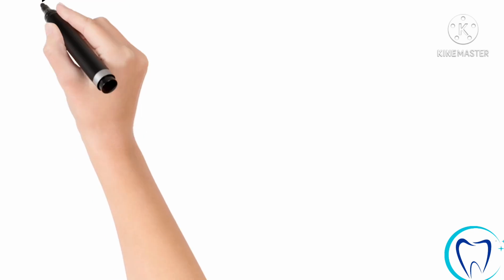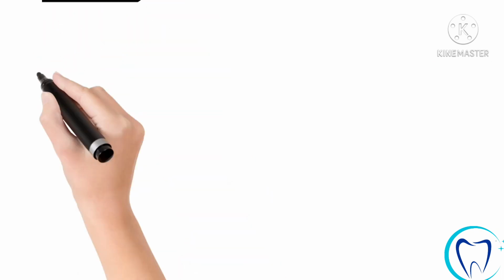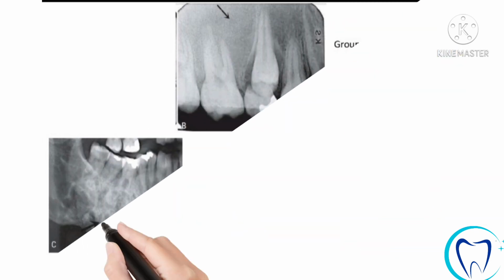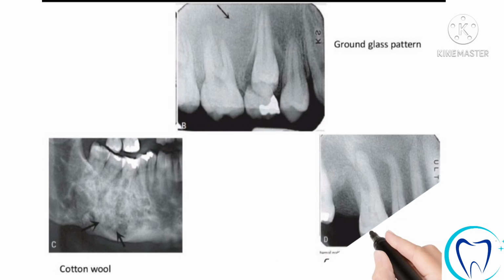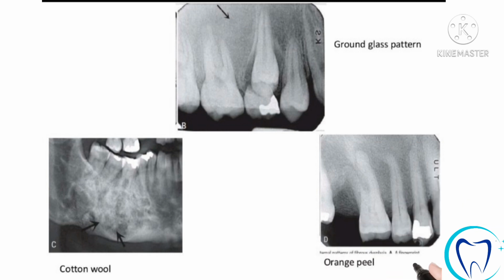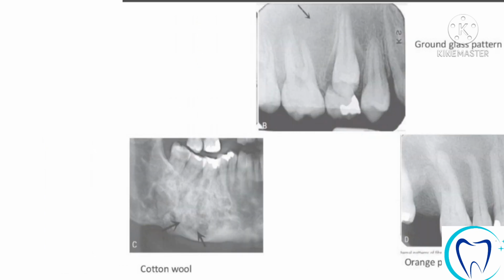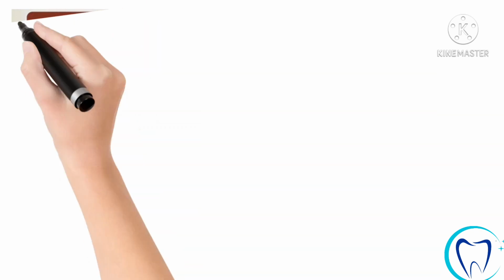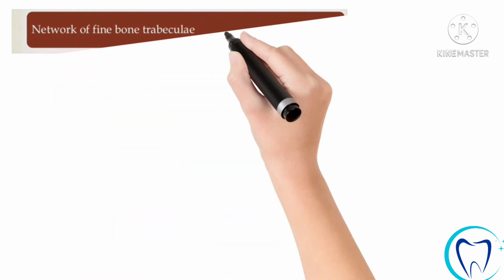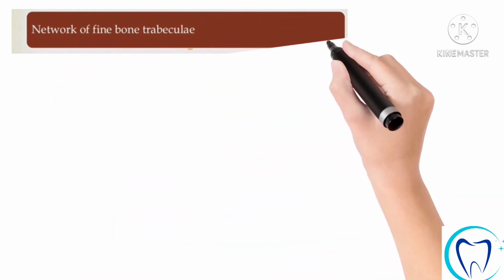Radiological features include, in initial stages, unilocular or multilocular radiolucent areas in the bone. Later, as the lesion matures, a classical ground glass or peau d'orange appearance becomes visible. The typical features: there is a network of fine bone trabeculae.